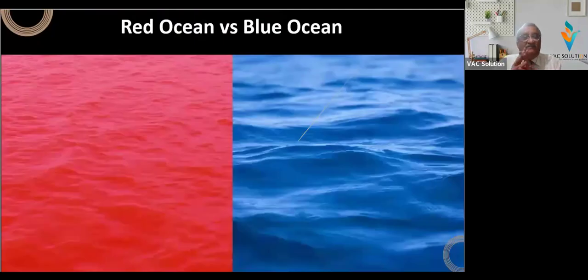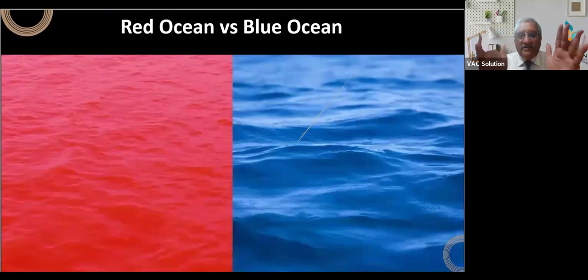We will start our session with understanding the fundamental difference between Red Ocean and Blue Ocean. What is a Red Ocean? Red Ocean is the market in which people are doing business now. At the moment, where you are is a Red Ocean.